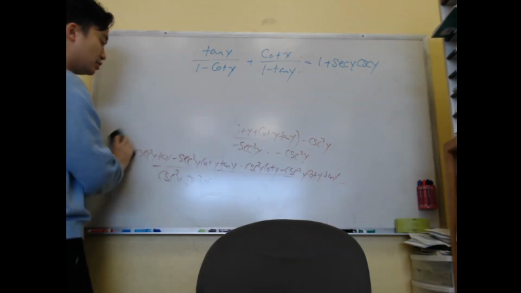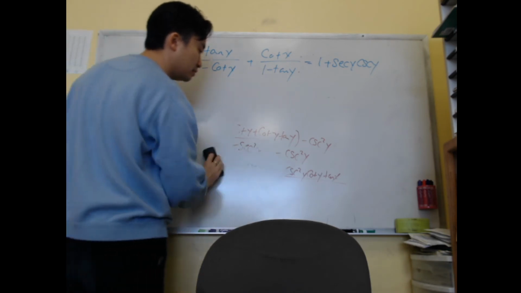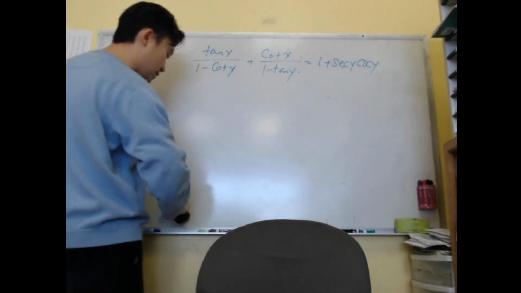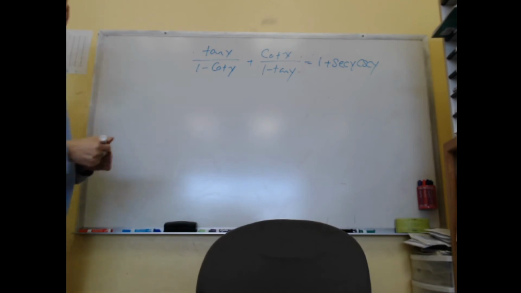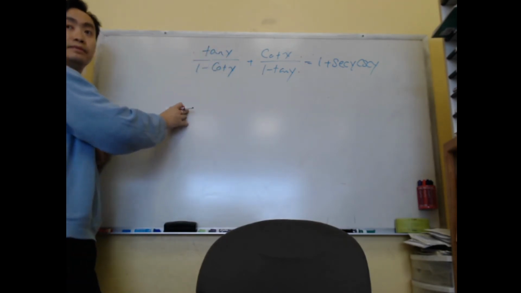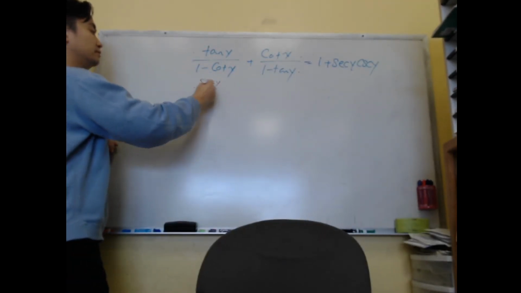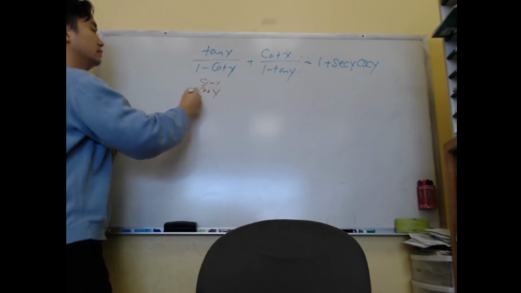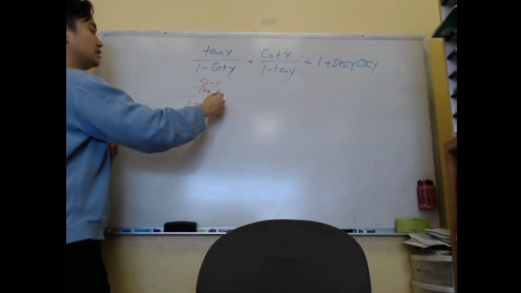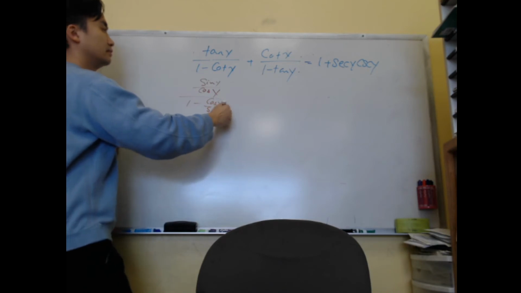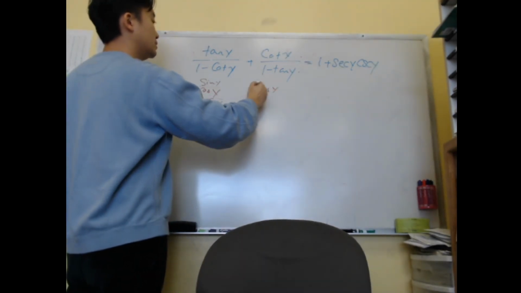Since there's no Pythagorean identity that I can apply, let's use the ratio identity. What's tangent again? Sine over cosine. So the other one, cosine over sine. Cosine over sine.